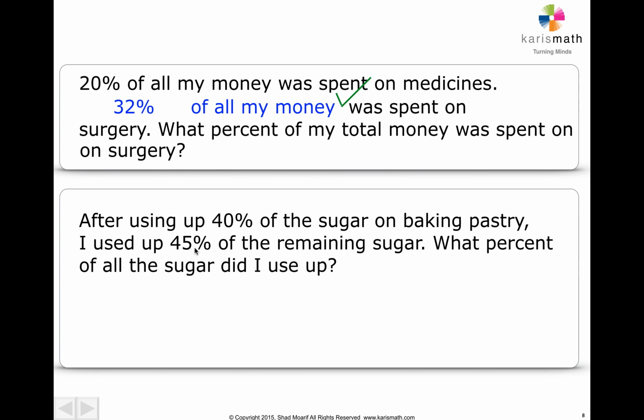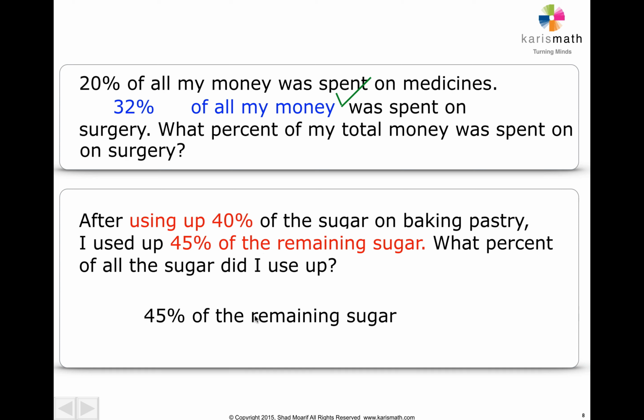I used up 45% of the remaining sugar. What percent was the remaining sugar? Who can answer that? If you used up 40%, then what percent is remaining? 60%, that's right.